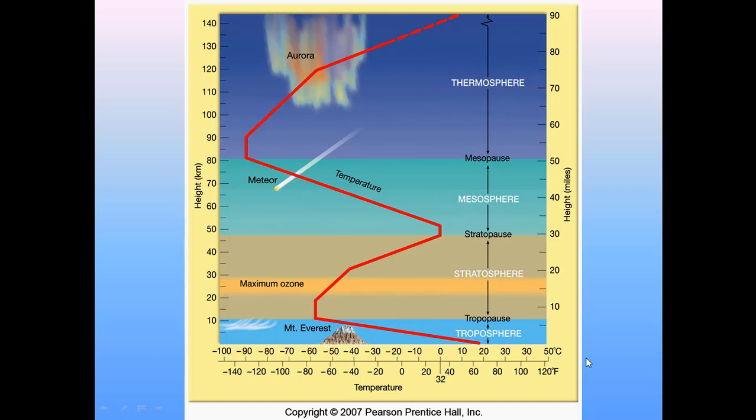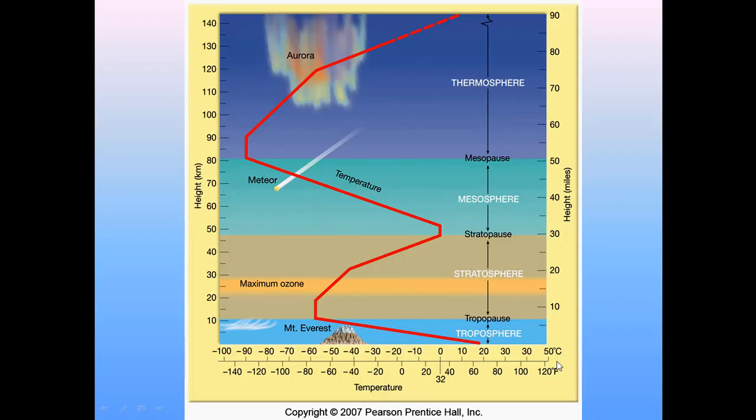And what's interesting to know about these four layers is how temperature varies between them as you go higher up in altitude. So you see here in this graph, on the left-hand side, on the y-axis, we have height in either kilometers or miles. And then at the bottom, along the x-axis, we have temperature.